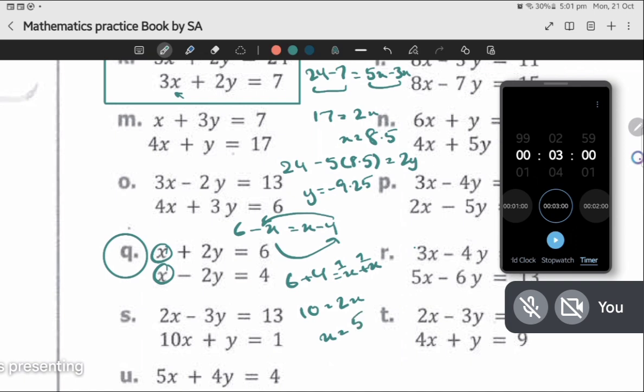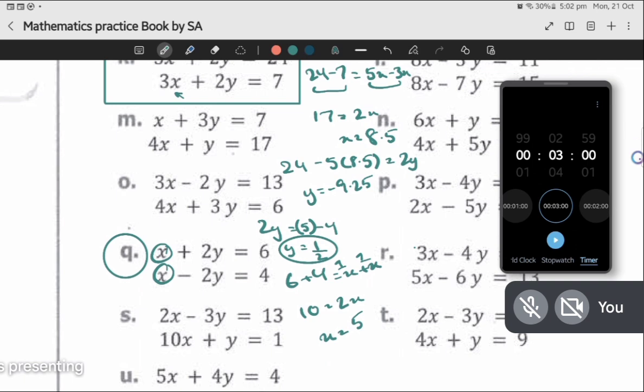Now what is the value for y? You define the value for y.